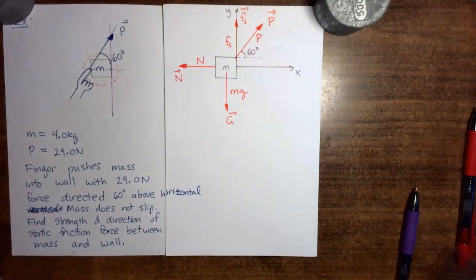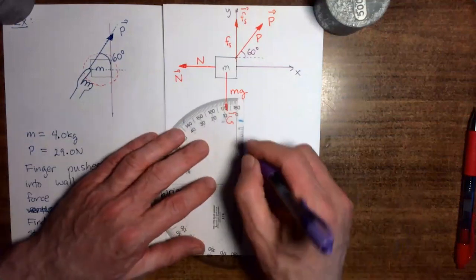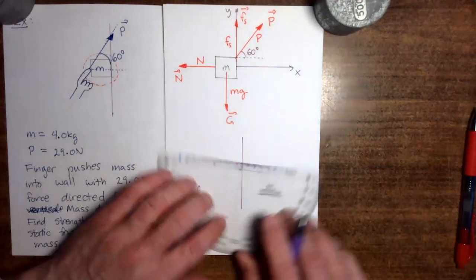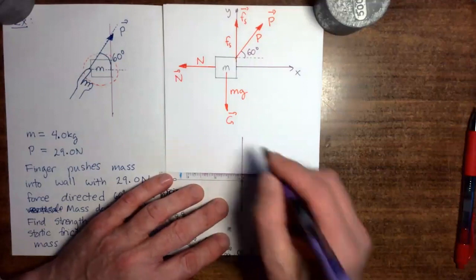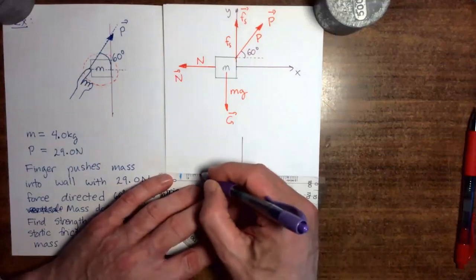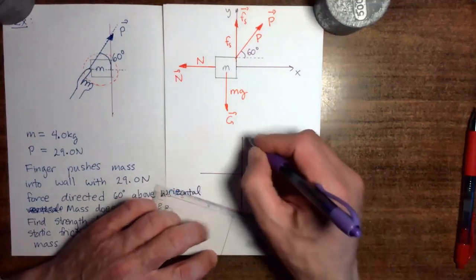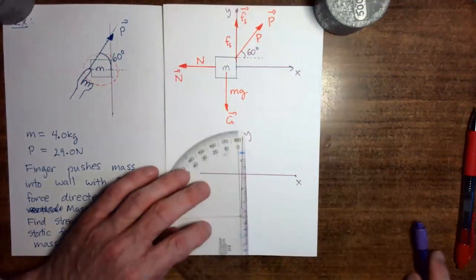Now, at this point, if you like, and this would be optional, you can draw the axes again, and then just shift all of those vectors so that the tails of the vectors are at the origin. That makes it a little easier to see what's going on with all of those vectors.